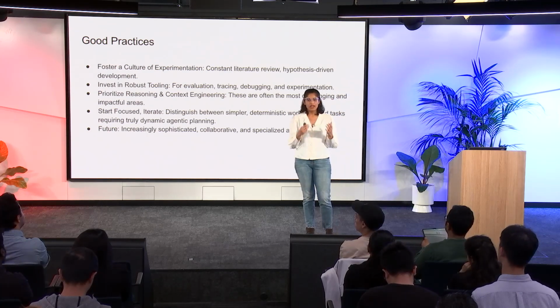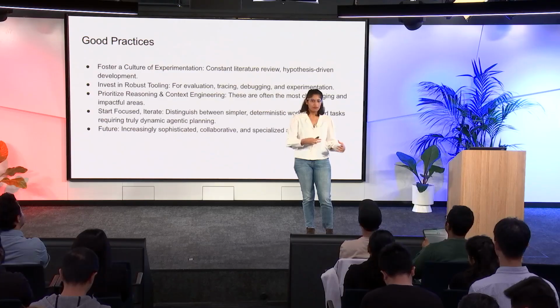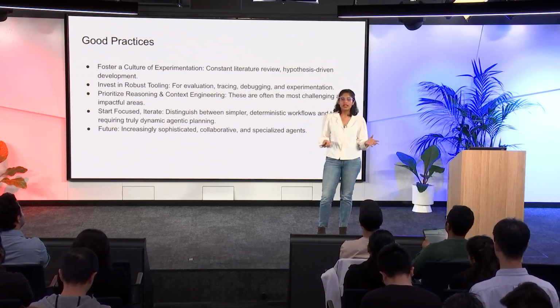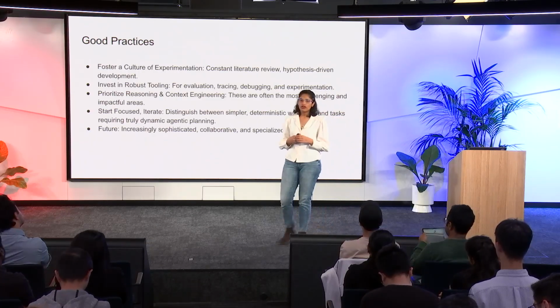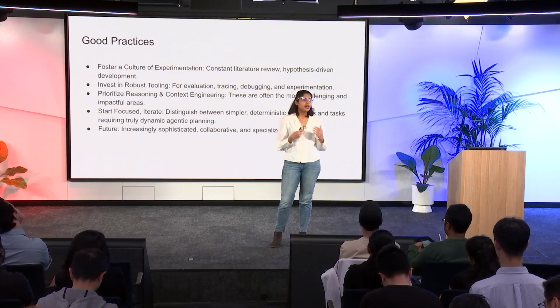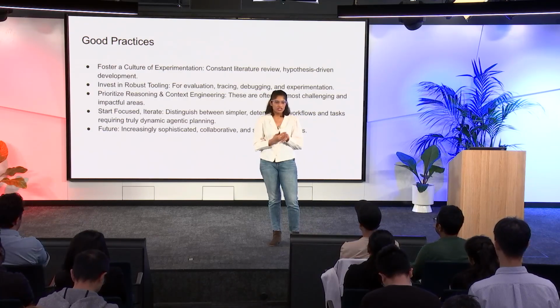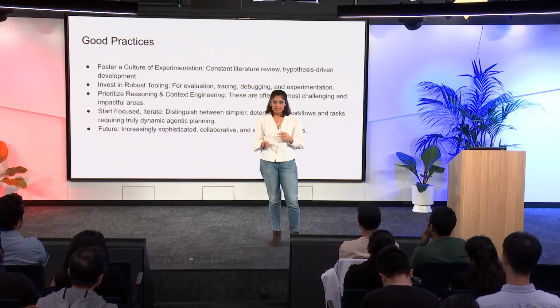So you would probably want to hypothesize, then verify that your hypothesis is correct or not, and then include that as part of your system or not, right? That's one way. Then invest in robust tooling. Definitely make sure you think about evaluation properly, have really good logging, tracing, debugging hygiene, and experiment a lot, and prioritize reasoning and context engineering.